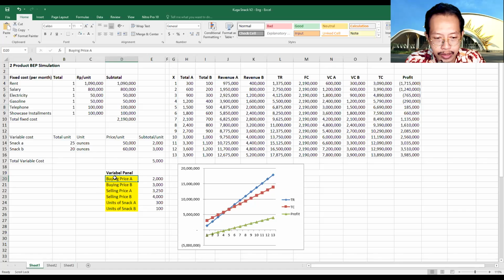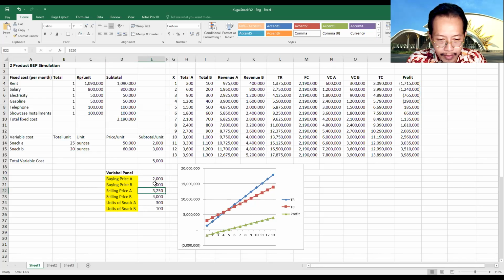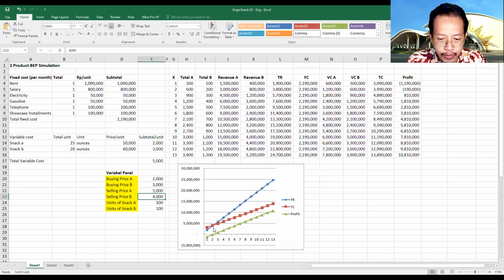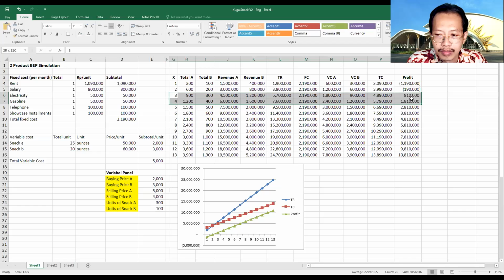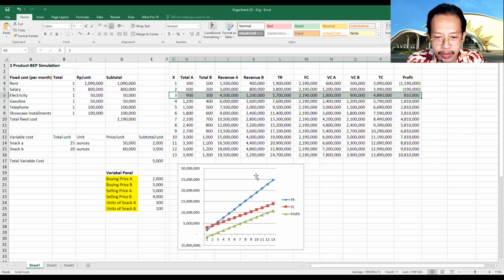And I can change this. I call it variable panel because you can always change it and it'll get a different result. You change the selling price to, look here, 5,000. It would be changing. It would be quicker, the break-even point. Now it's at 3 months, less than 3 months, you start to get profit.